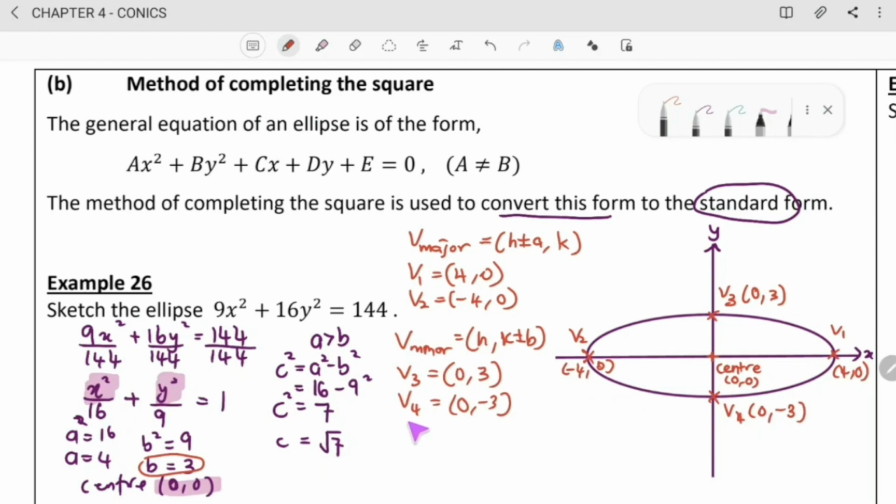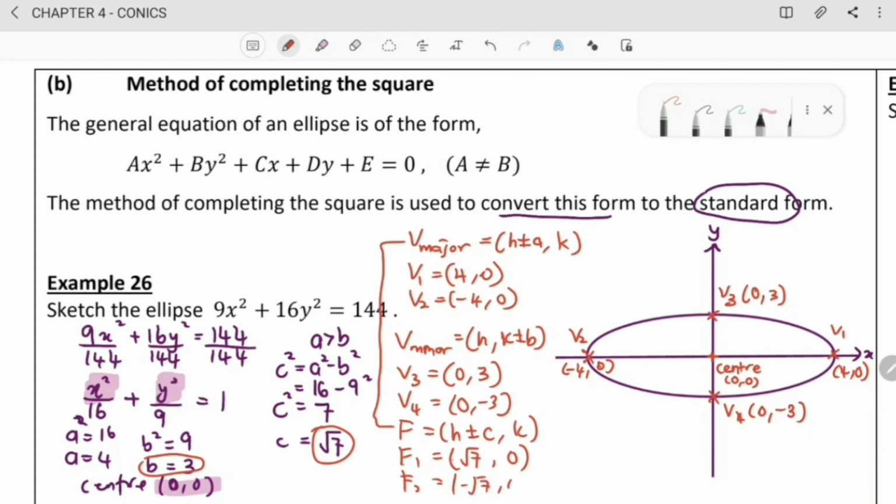Next we need to find the foci, and we know that the foci lie along the major axis, so it will be h plus minus c, and the y coordinate is k. So for f1, h is 0 and c is square root of 7, so it will be square root of 7, 0, and f2 will be negative square root of 7, 0.